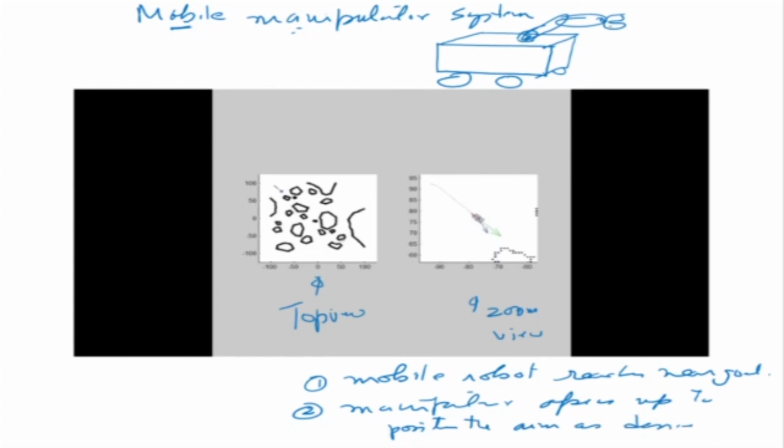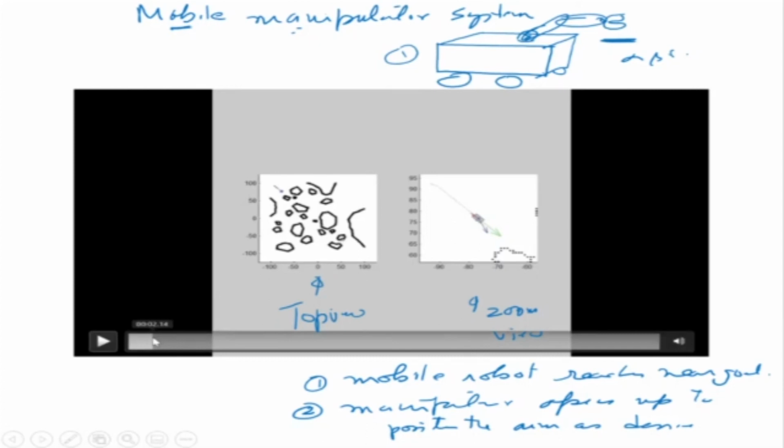Suppose I want the manipulator arm to be positioned like this, having some alpha, beta, gamma. So first the mobile robot avoids obstacles and goes near the goal, then the manipulator arm opens up and aligns itself to the desired position.